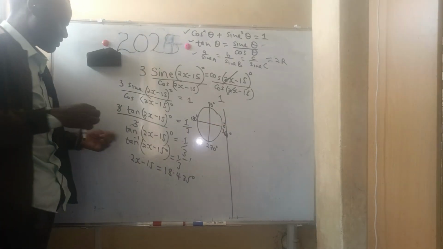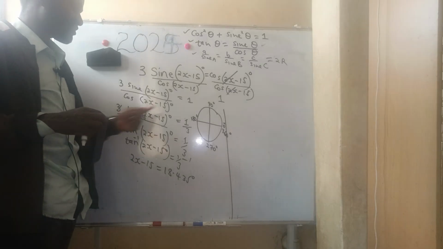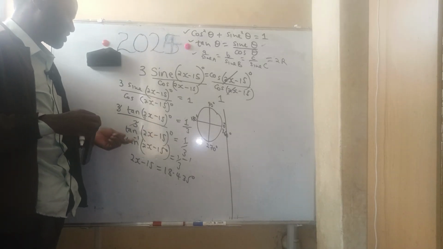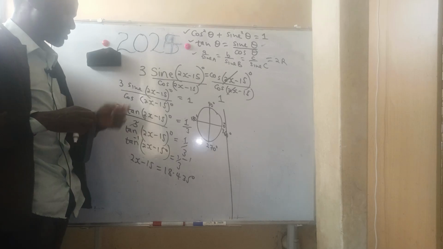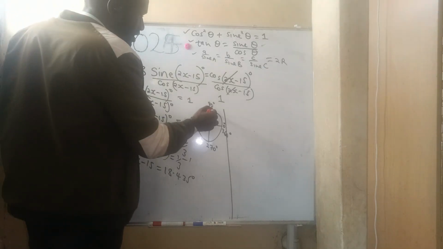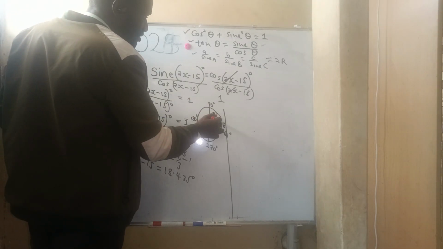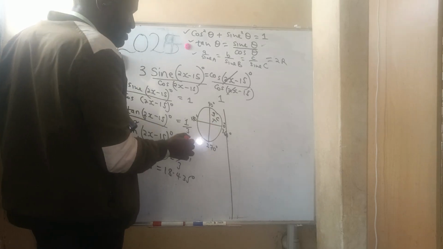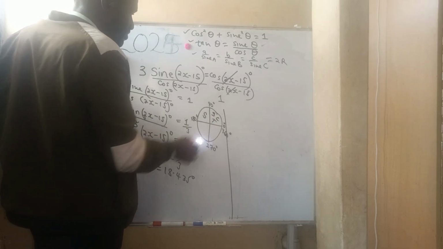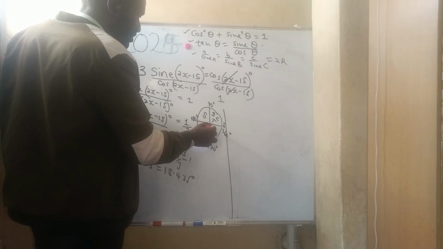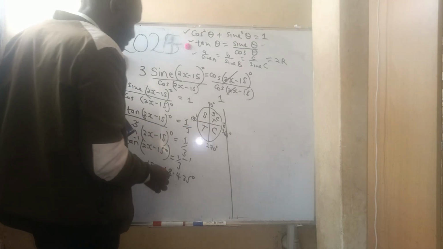So of course the tan of this is positive, so you need to know which angles can give us a tangent which is positive. We know here the sine, the cosine, and the tan are all positive. But here we only have the sine being positive. Here we have the tan, and we have what we call the cosine.